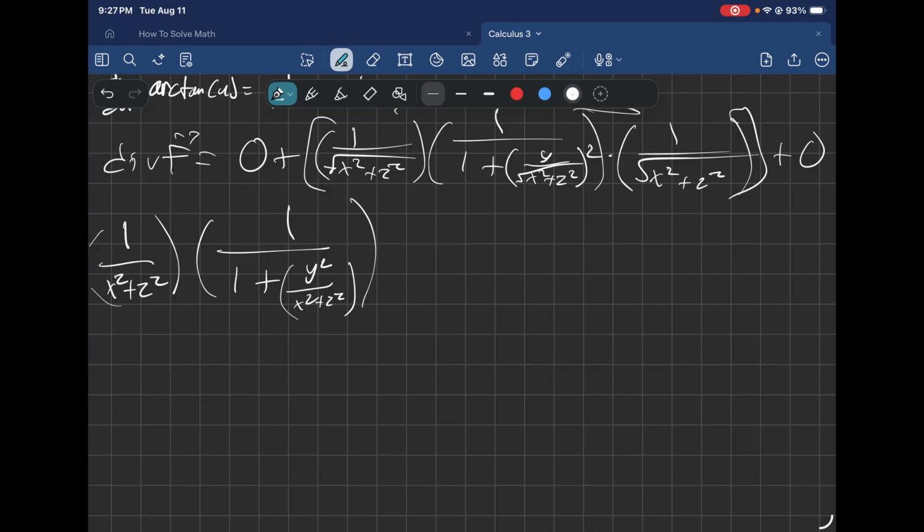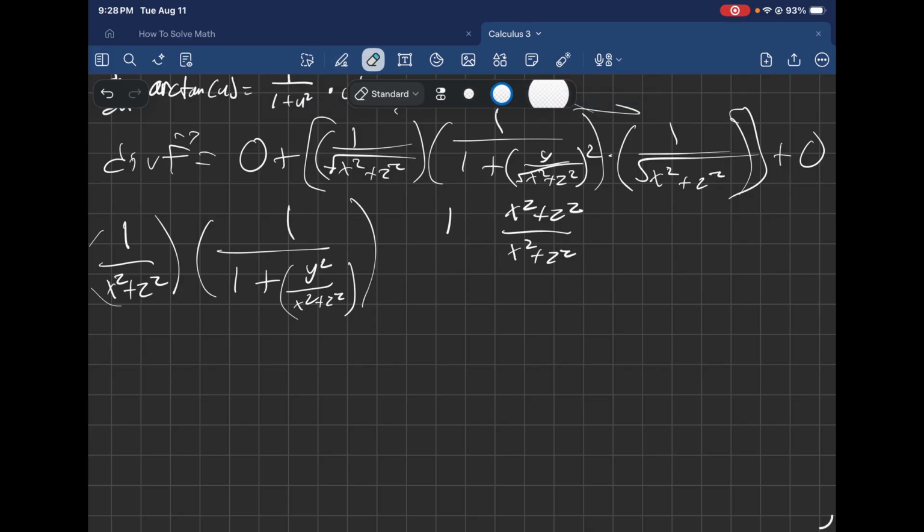And then this is where we're going to manipulate our function a little bit. We can rewrite 1 as x squared plus c squared over x squared plus c squared, because this is equal to 1.